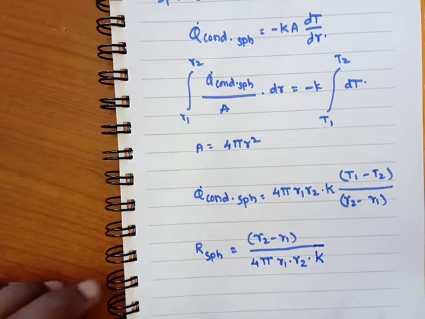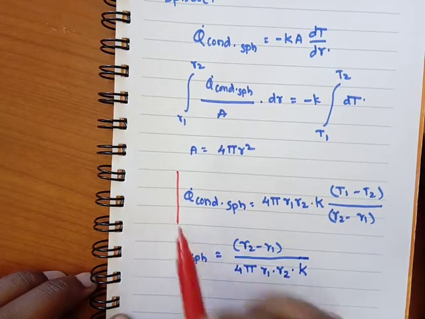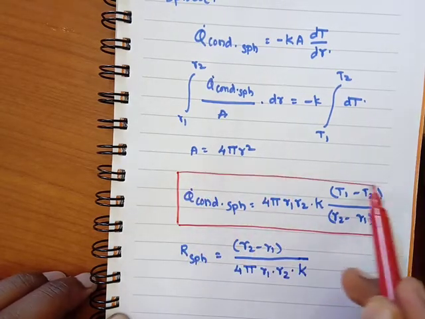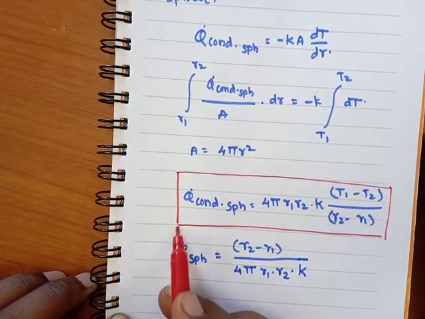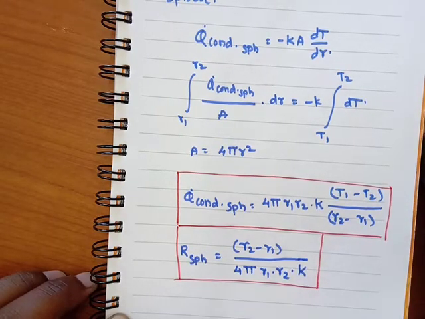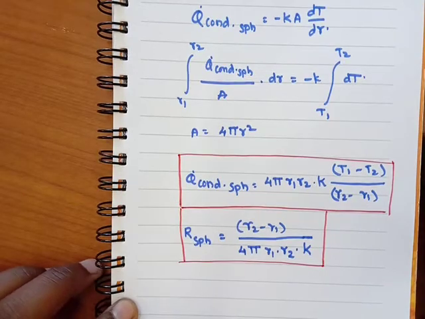So this formula is used to find the heat transfer through the sphere, and this is the resistance offered by a sphere material to conduction heat transfer.